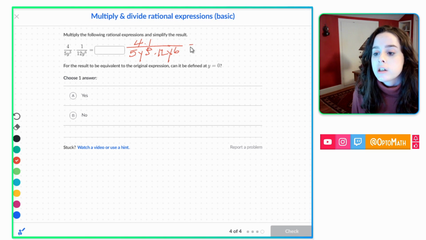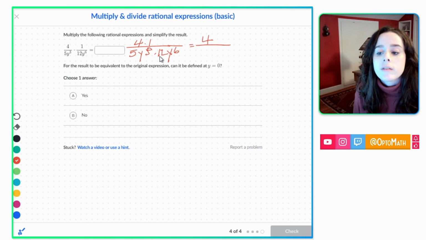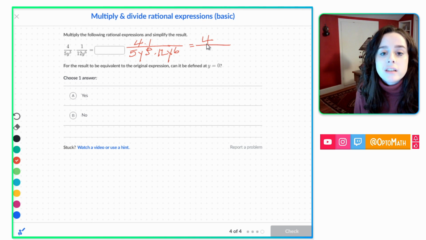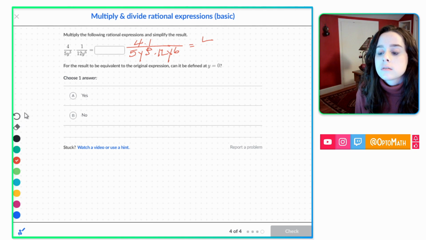Okay, so our numerator is 4. Our denominator, really before we combine our 5 times 12, we could go ahead and see if there's anything we can simplify with our 4. And there is, because there's a 4 in our 12. So instead of writing our 4 here, we know that's going to simplify to 1. And 12 divided by 4 is a 3. So really all we have is a 5 times 3, which is our 15.